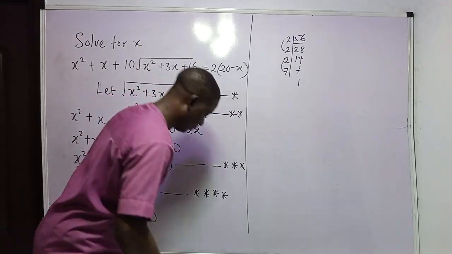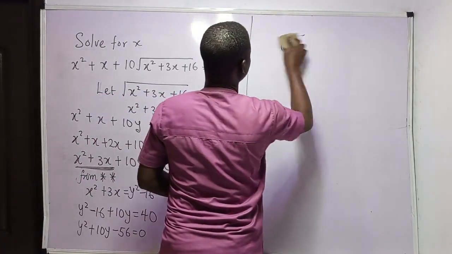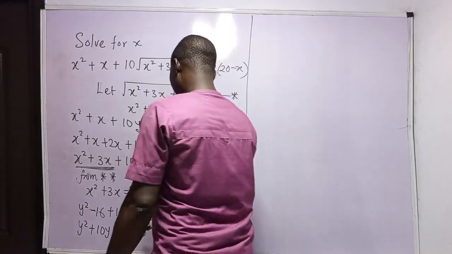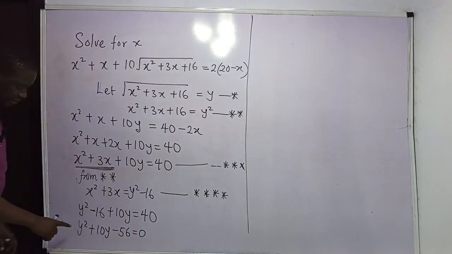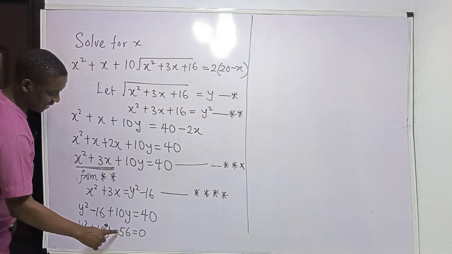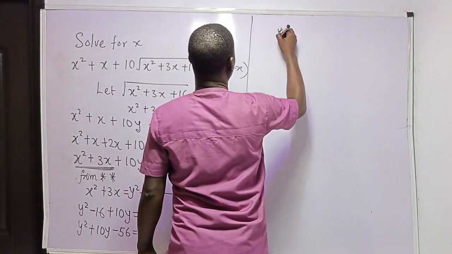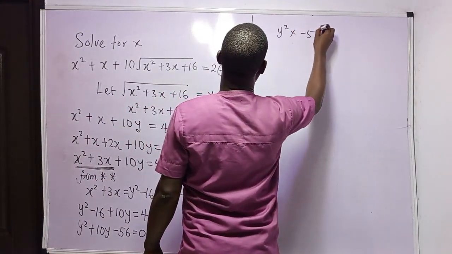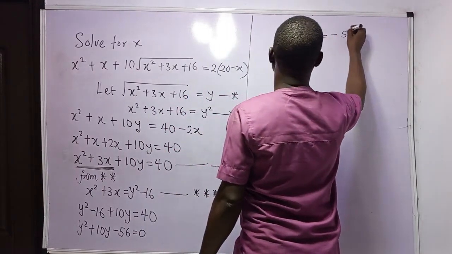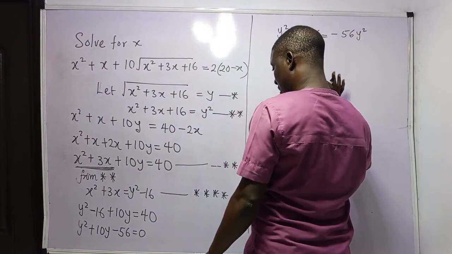So what we are saying in essence is that y squared times minus 56 will give us minus 56 y squared.